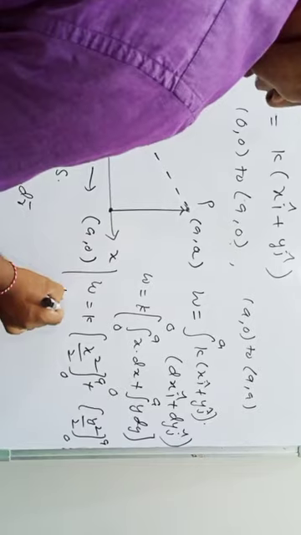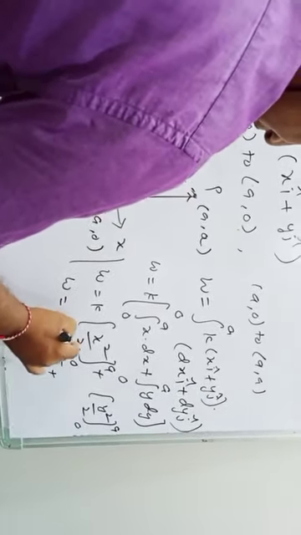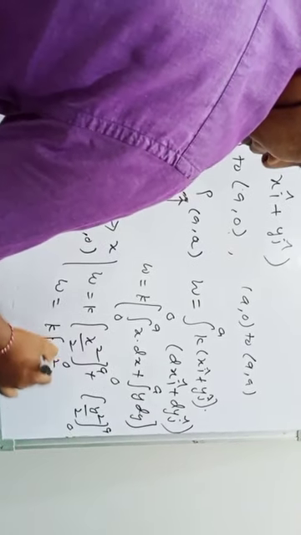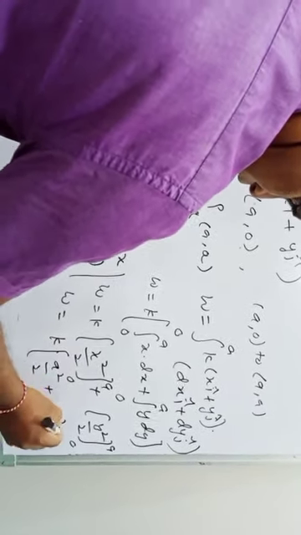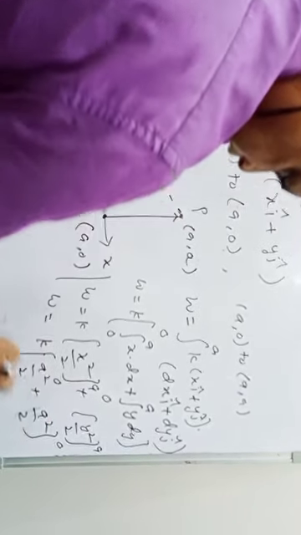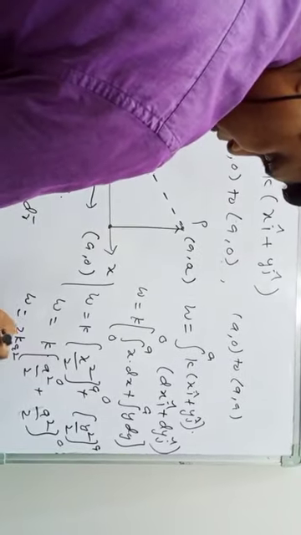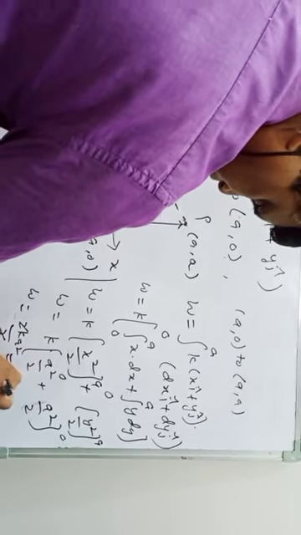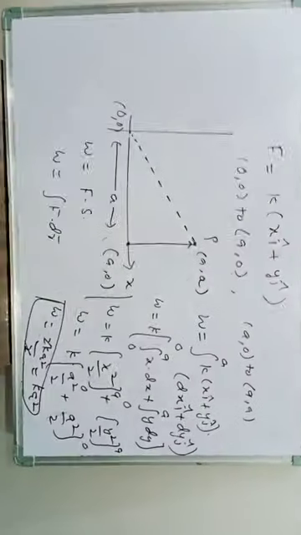Substitute upper limit minus lower limit, so k a square by 2 plus k a square by 2. If you add, you will get W is equal to 2 k a square by 2. The 2 gets cancelled, therefore the work done by the particle is k a square.